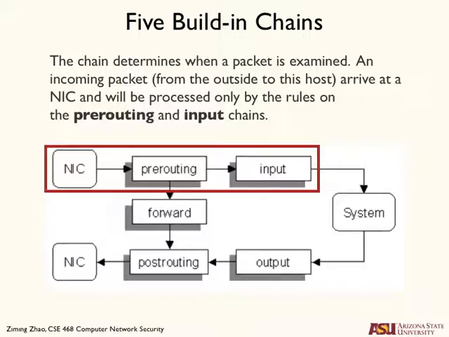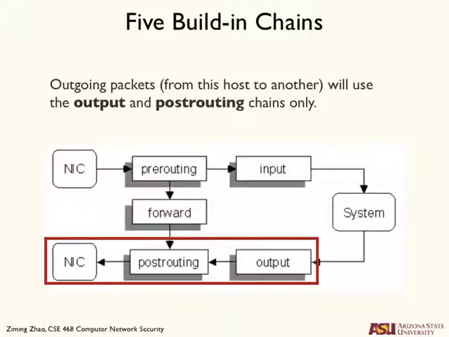If we have an incoming packet from outside of this host, and our system is a host system, not a router, then that packet will be processed by rules in the PREROUTING and INPUT chains. One chain is a set of firewall rules, or other rules that may not be firewall rules. If we are sending out a packet, it will be processed only by the OUTPUT chain and the POSTROUTING chain.